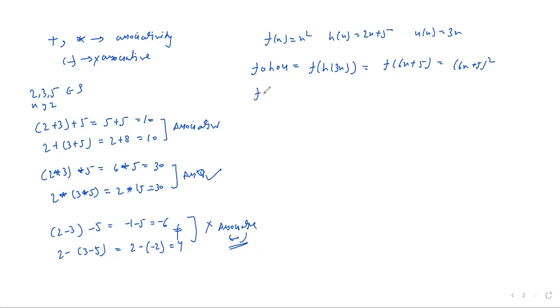And if I use the composition f o u o h, that means f of u of (2x plus 5), which equals f of (6x plus 15), and applying f it becomes (6x plus 15) whole squared. From this, we can see that the compositions f o h o u and f o u o h are not equal.